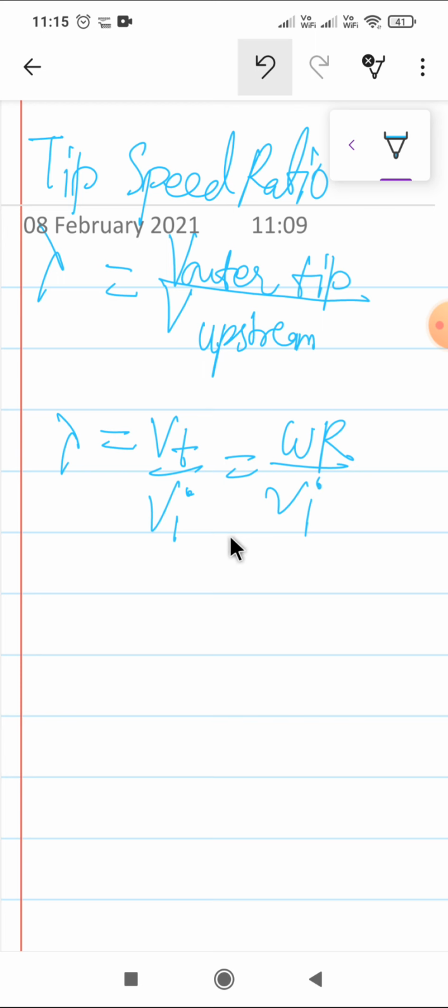So this is the tip speed ratio, that is lambda is equal to omega r by Vi, where omega is angular velocity and r is outer blade radius. So let's make r the subject first. Lambda into Vi upon omega is equal to r.